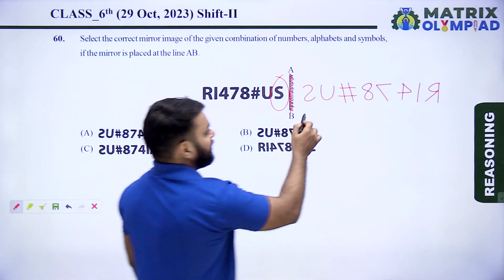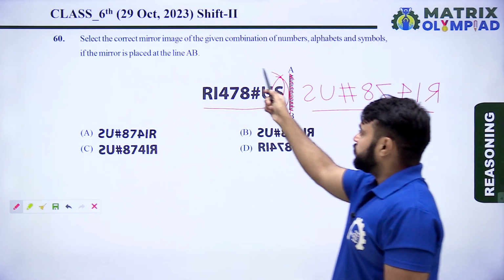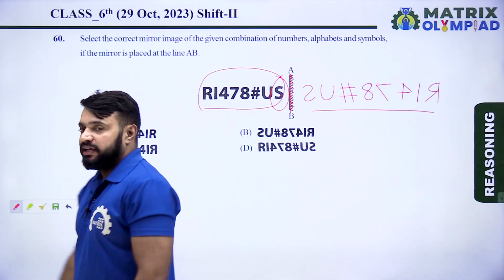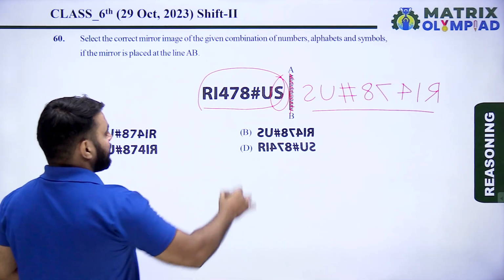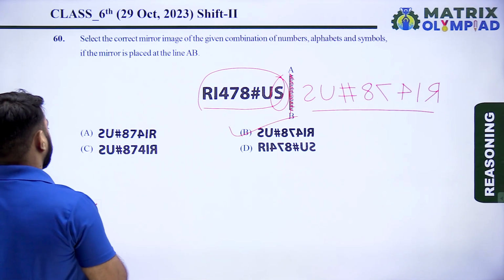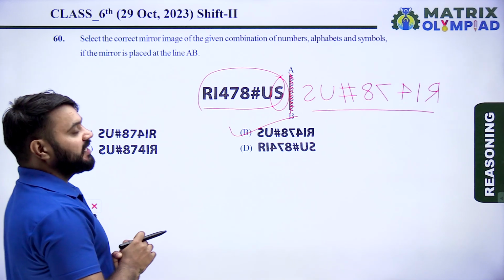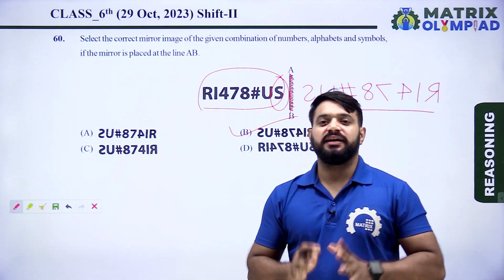So this is the correct mirror image of the given combination of letters, numbers and symbols. So here option B is the correct mirror image of the given figure. So option B is the correct answer of this question. Okay, thank you everyone.